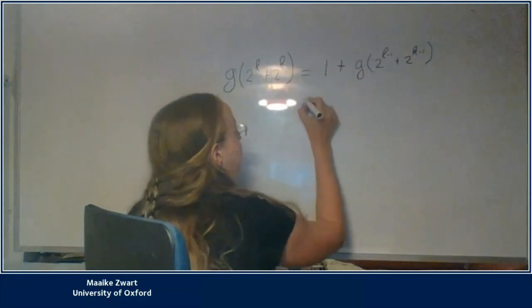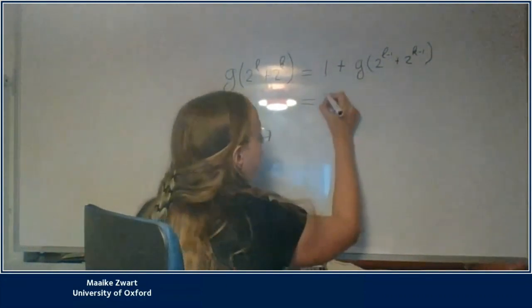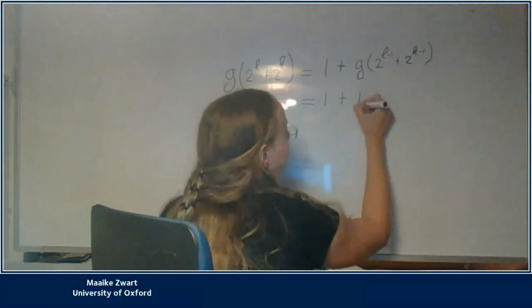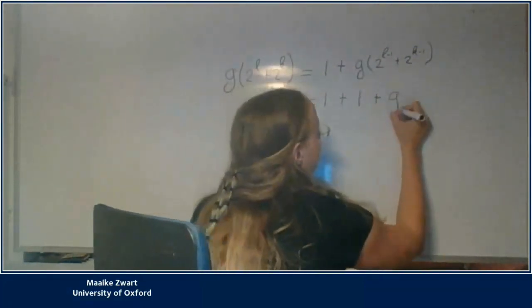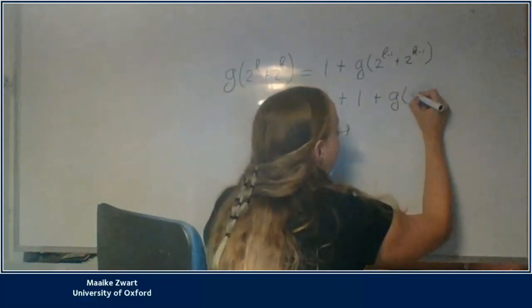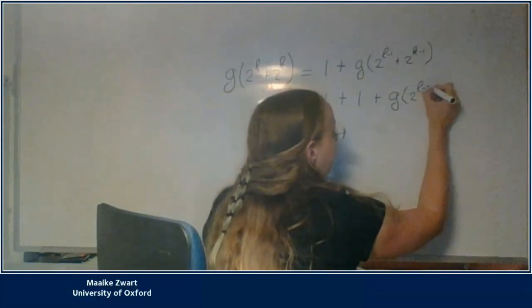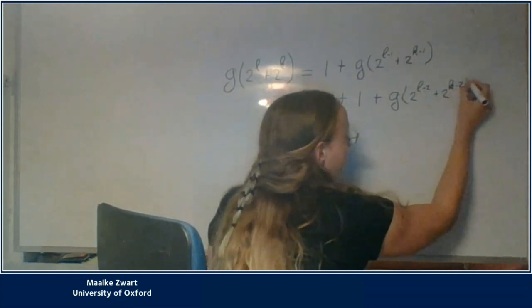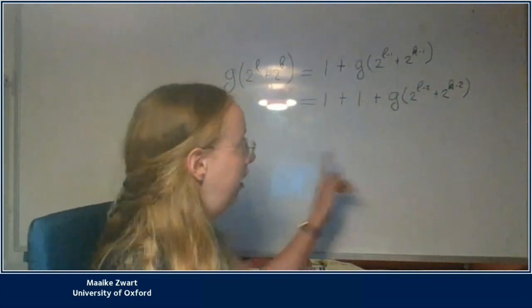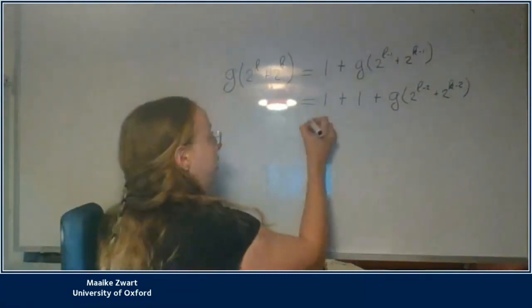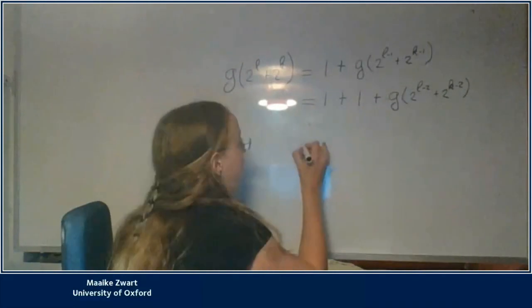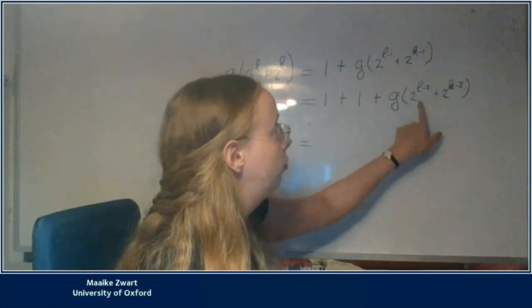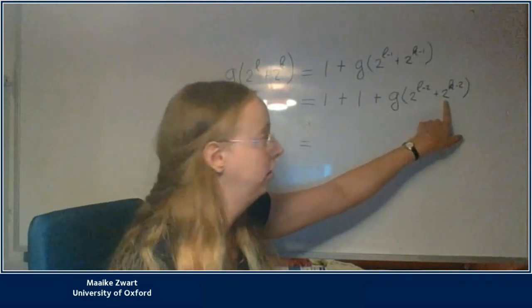But if I do just the second one, just to really know what's going on, that'll be 1. This is again even, so just the same thing happens. 1 plus g of, I have to divide both by 2, so that'll be 2 to the power of L minus 2 plus 2 to the power of K minus 2. And now I can be cleverer than a computer again. I can see where this goes. This will go on until one of these will become 2 to the power of 1.